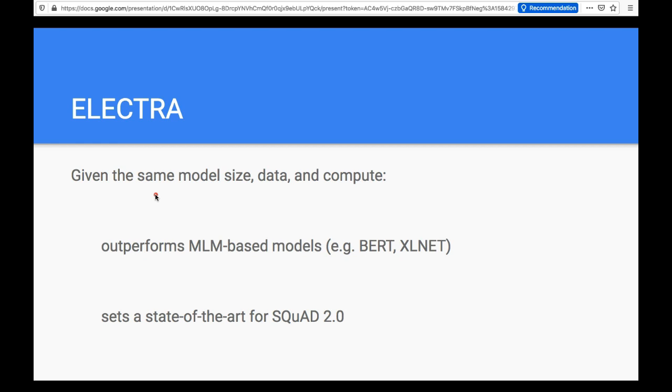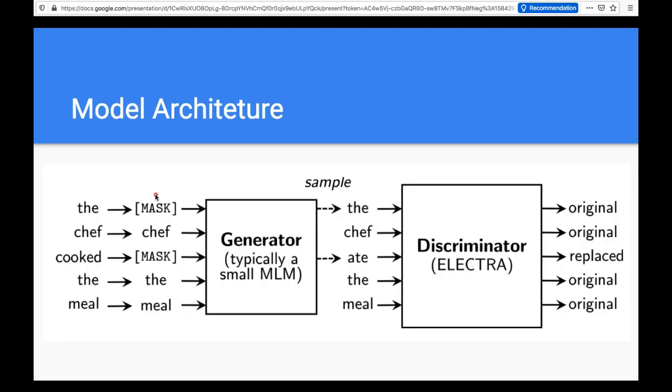That's too long, so I will just call them MLM based language models, for example BERT and XLNet, which were state-of-the-art previously. It also achieves state-of-the-art on the SQuAD 2.0 dataset, which is a tremendous result, because SQuAD 2.0 is quite difficult and is always a very important benchmark for language models.